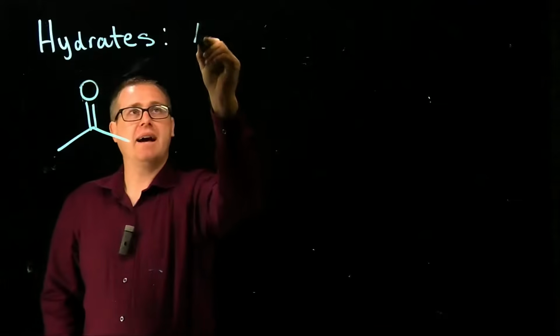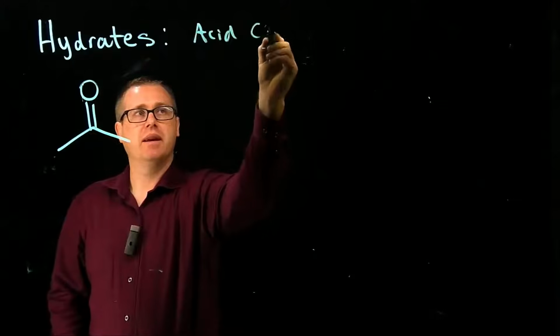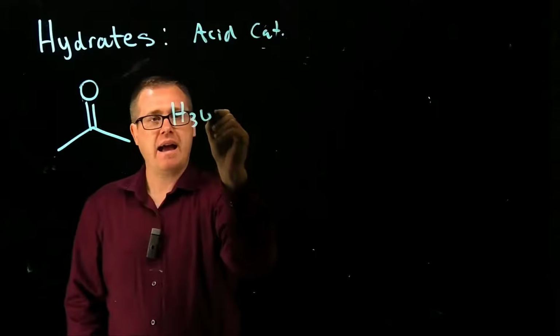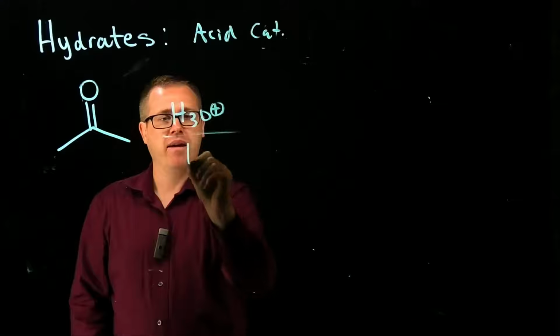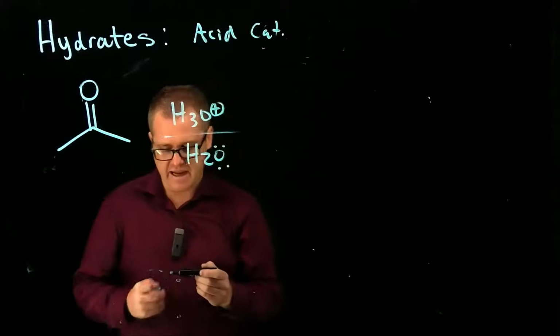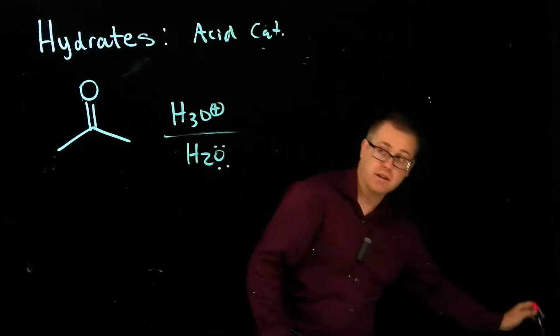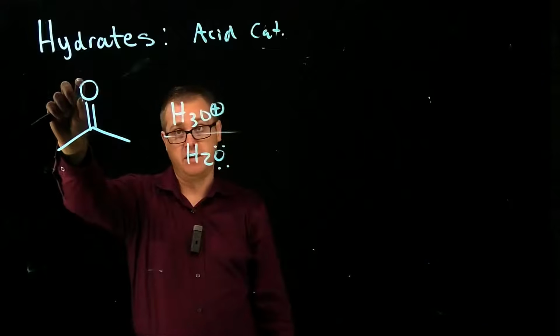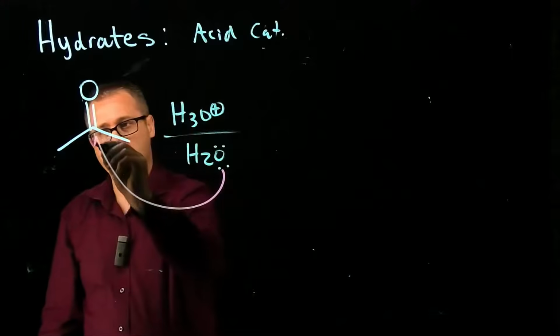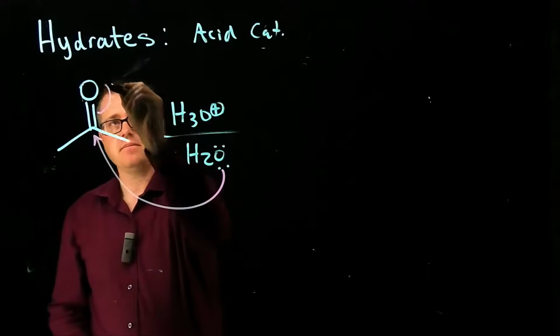So let's do the acid catalyzed mechanism here, but let's do it incorrectly. So we have our acid here and we have water. Let's say a student decides to not protonate the carbonyl oxygen like they should and just draw the water coming in. Okay?